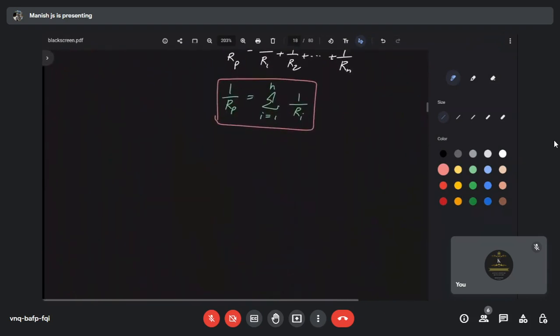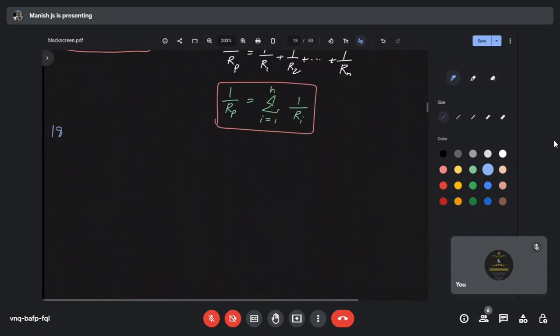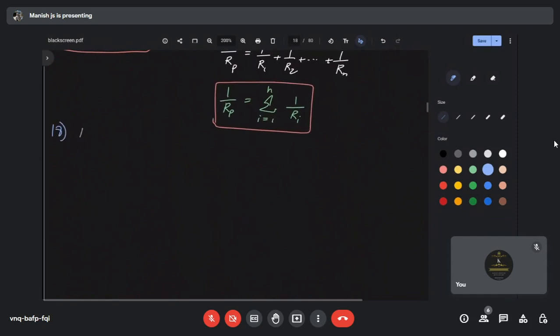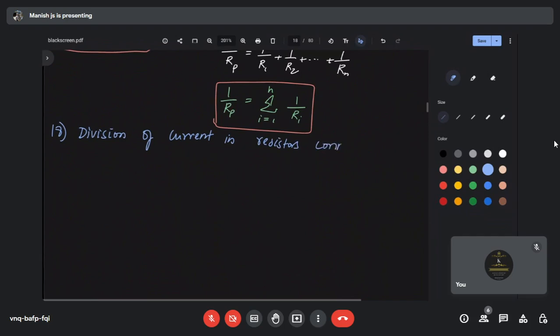Moving on to that. This is the division of current in resistors connected in parallel.